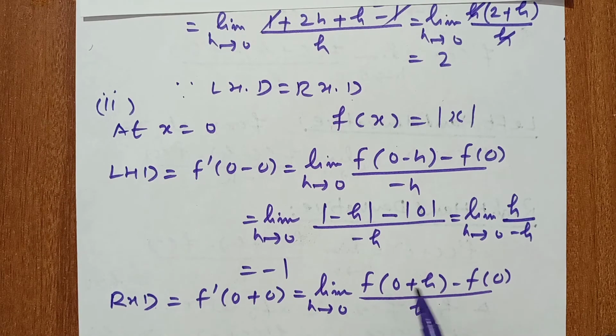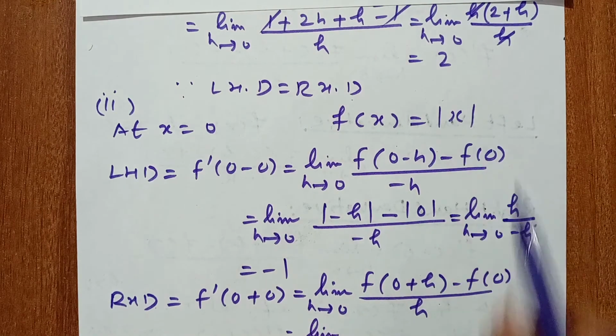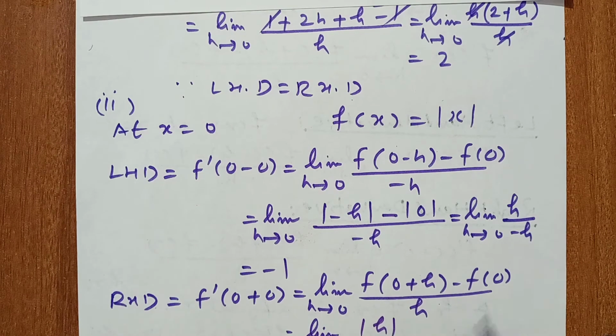It is nothing but f of h, which is equal to mod h. Mod h minus f0, which is 0, upon h. So this is equal to mod h, which is h, upon h. This cancels, so this is equal to 1.